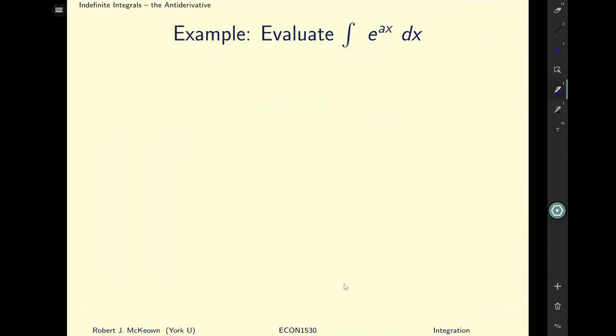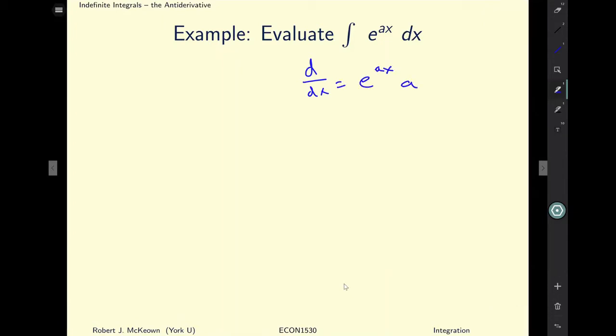And here's a very simple example. What's the integral of this thing? Well, I know that its derivative is going to be equal to e to the ax times a.